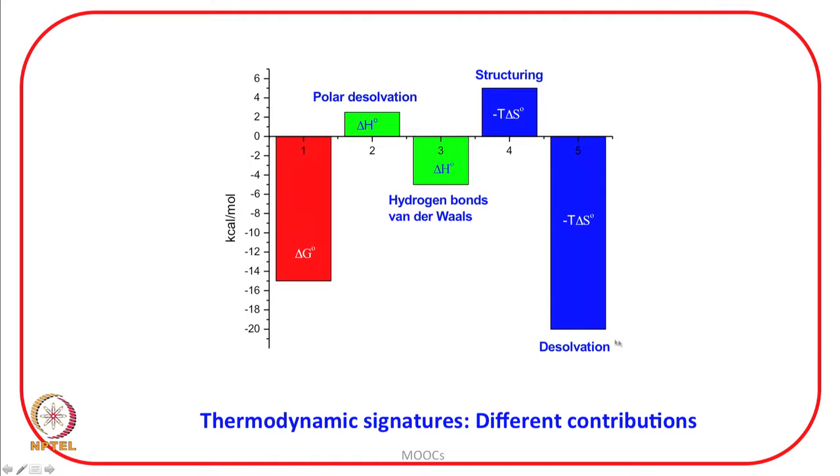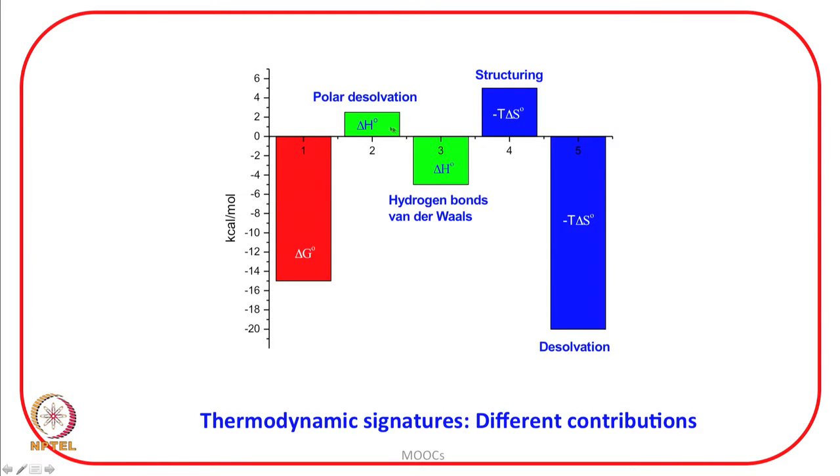Now, let us take a look at the general guidelines which can emerge from this kind of discussion. This slide talks about thermodynamic signature and what are the different contributions. Of course, delta G naught has to be negative. For the binding to take place, delta G naught has to be negative.